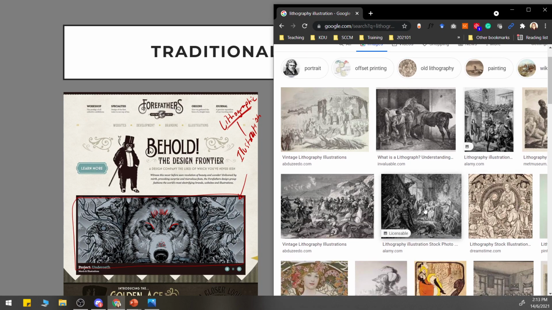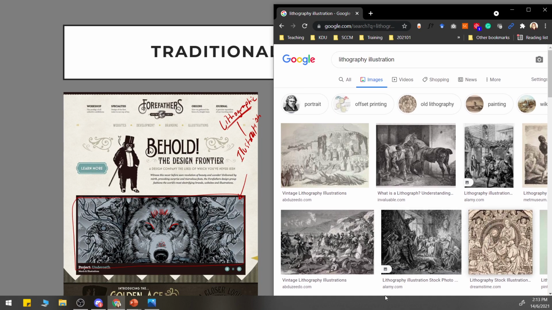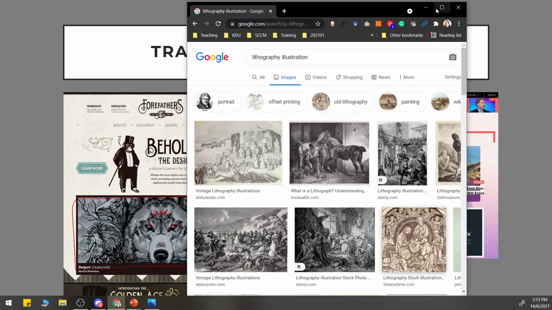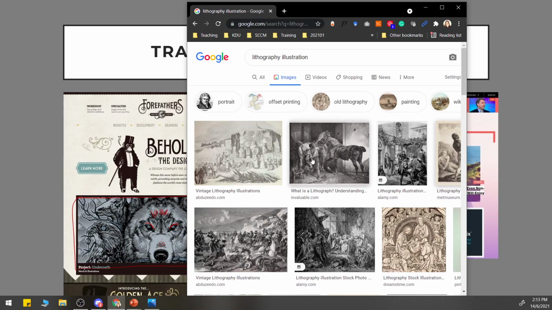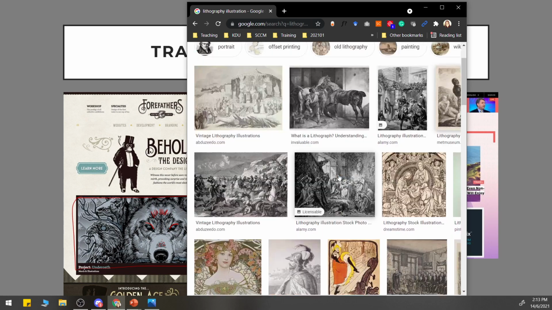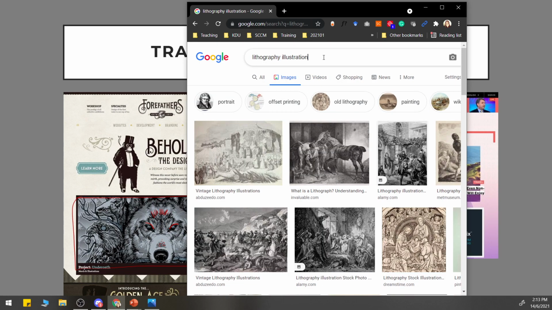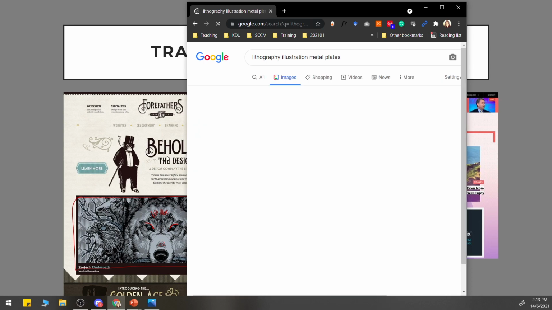So do you see this? Yeah, it's this kind of illustration. Oh dear, what's wrong with my internet? Yeah, but I guess you can see from the thumbnails, right? These images are done by carving very intricate lines on metal plates.